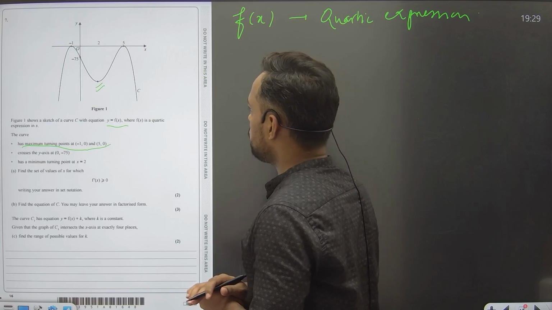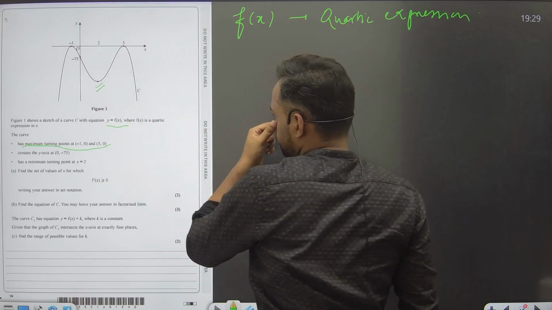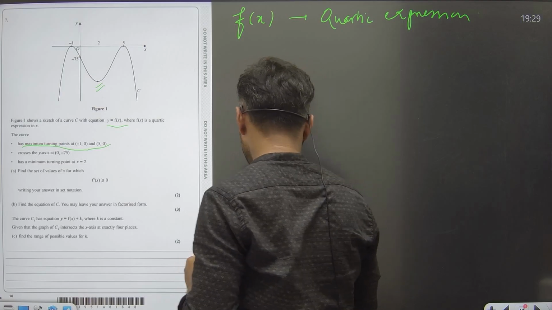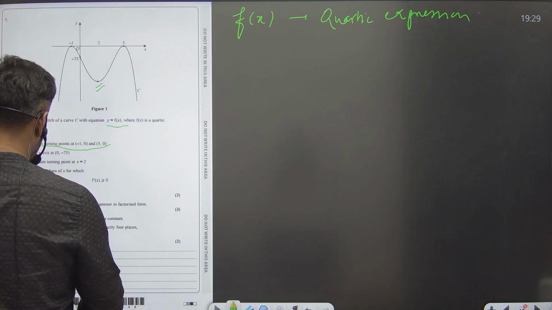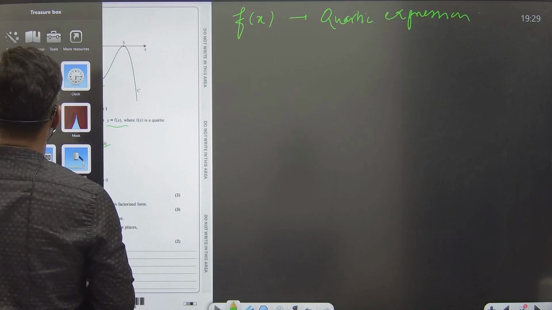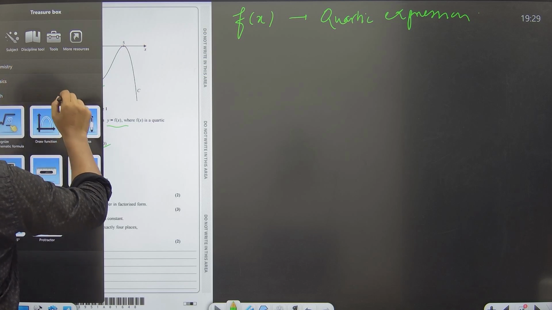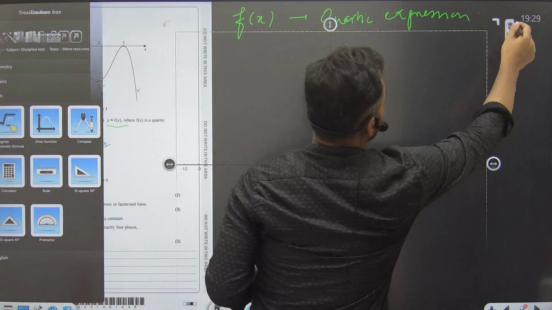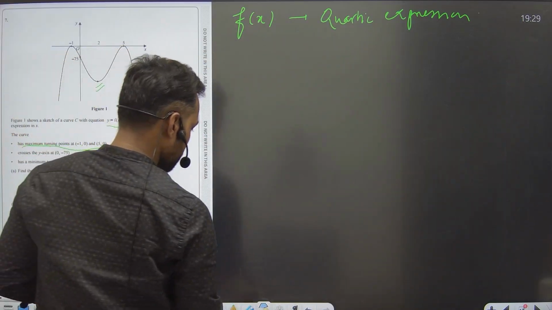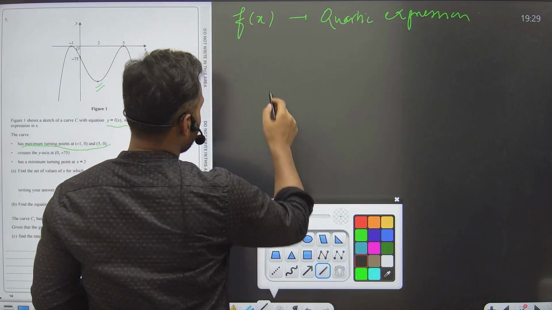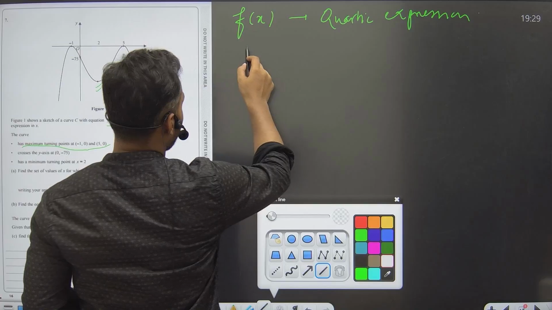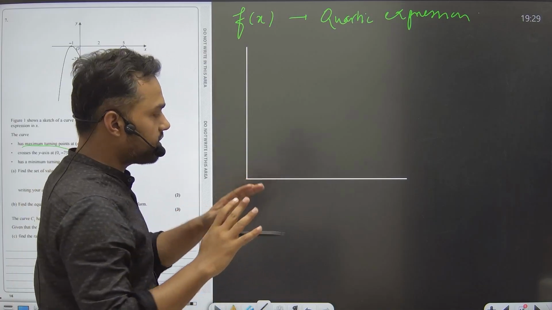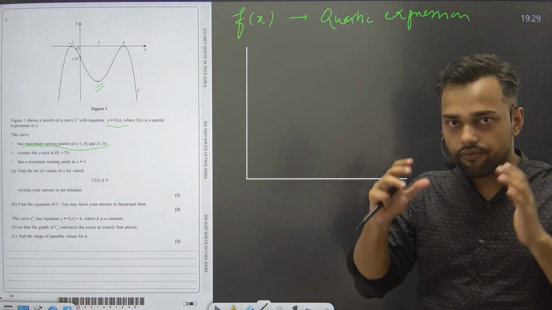Okay, now see, students, let's see. I'm just taking a coordinate axis here, just taking a graph here.